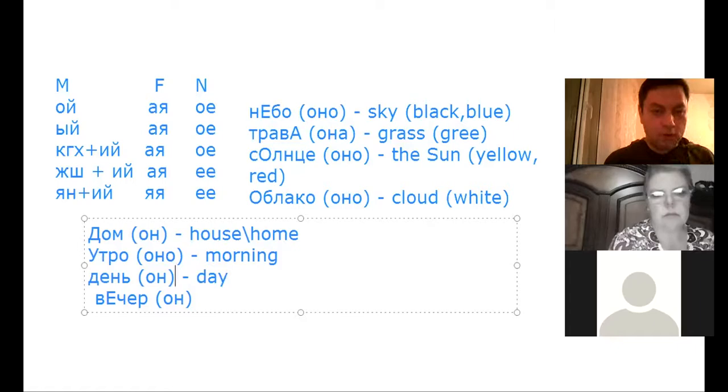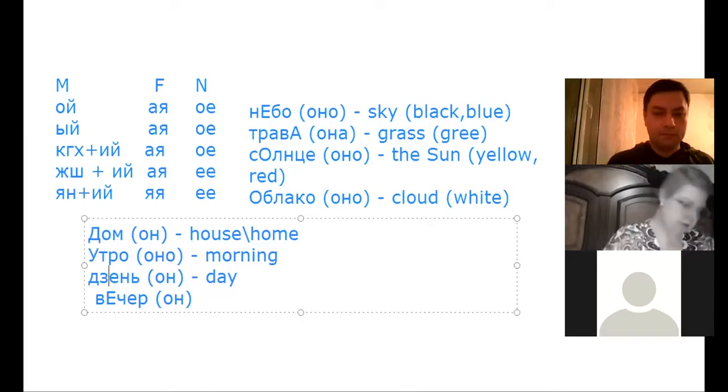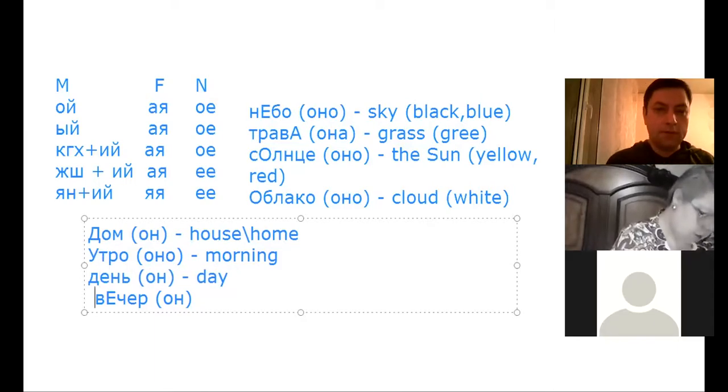Since you are all beginners in Russian, I want to remind you that this syllable is pronounced in a soft way. And when you pronounce the letter D in a soft way, you must add a little Z sound. So you should pronounce день, not день, but день. It means a day.